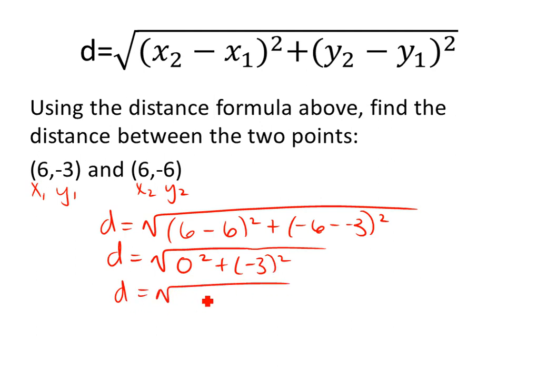Negative 3 squared is 9, so the square root of 9 is going to equal 3. So that is going to be the distance between the 2 points.